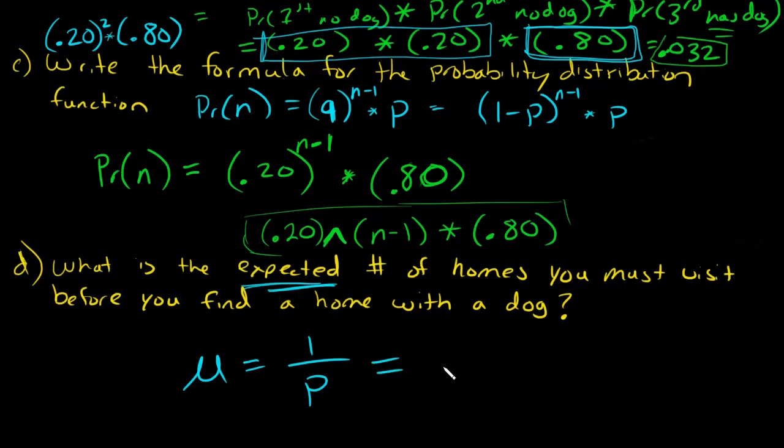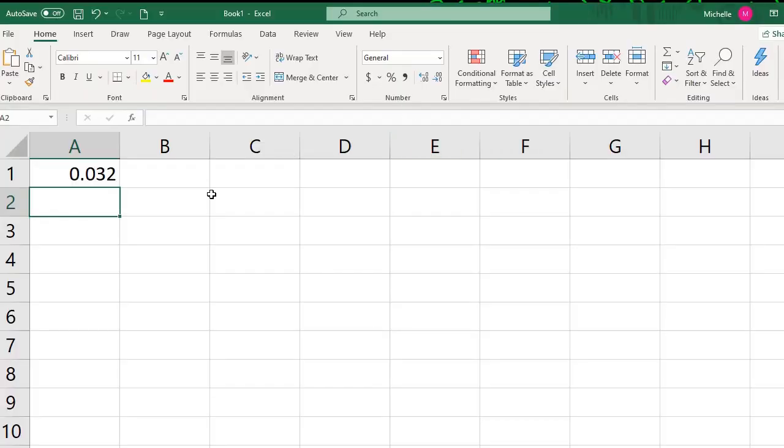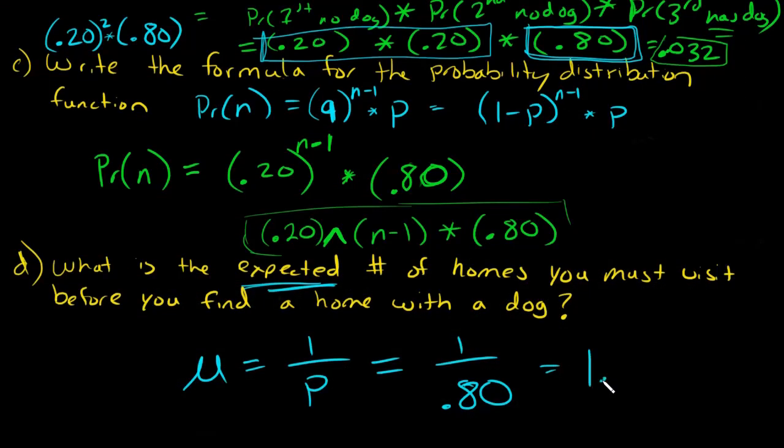In our case, p is 0.80, the probability of success. So you can pull out your calculator and type in 1 divided by 0.80, and you get 1.25. So on average, you have to visit 1.25 homes before you find a home with a dog.